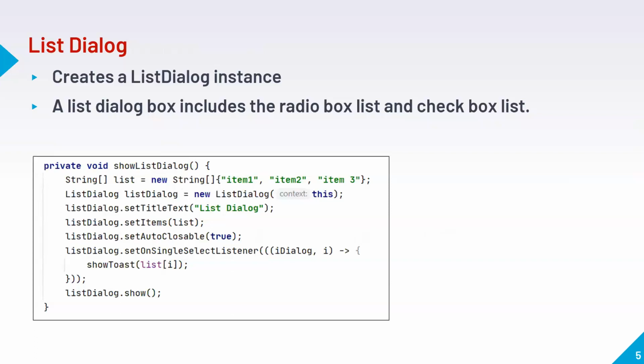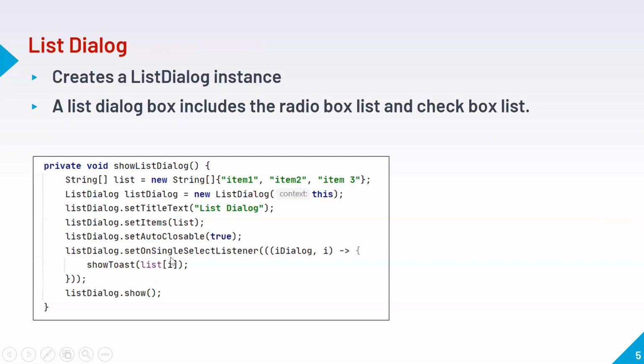Here, for now, I'm creating an array of strings: item 1, item 2, and item 3. Then I'm creating a list dialog instance, and as in the common dialog, I'm giving a title text, that is, list dialog. Whatever items are to be displayed inside the list dialog, I'm mentioning inside set items.